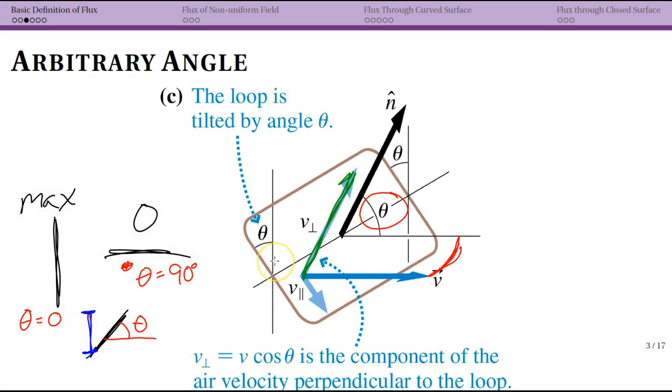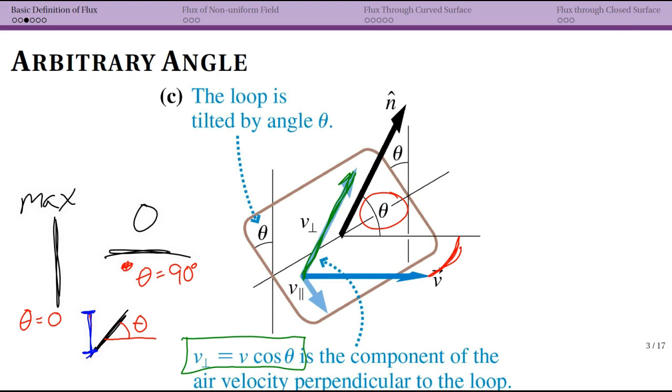There are two different projections going on here, and you can think about it either way, and we're about to talk about how the area comes in. You can either think about projecting the area or projecting the velocity vector. In both cases, you get a cosine theta, as long as you've defined theta to be this way, where it is the angle that the velocity vector makes with the normal direction.